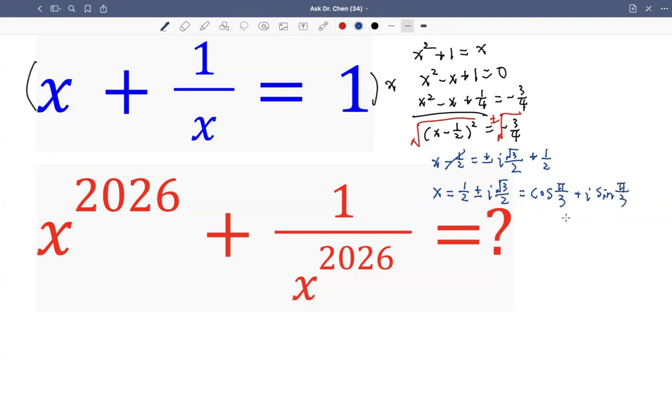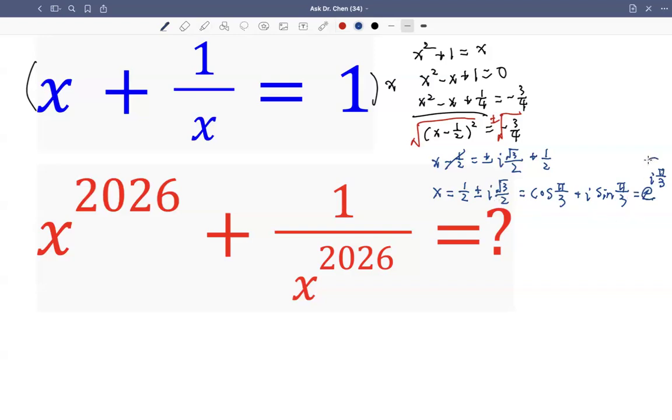So this is from Euler's formula. And this one, we can use e, Euler's number, to represent. We can write it as e raised by i pi over 3. That's the beauty of using Euler's formula.